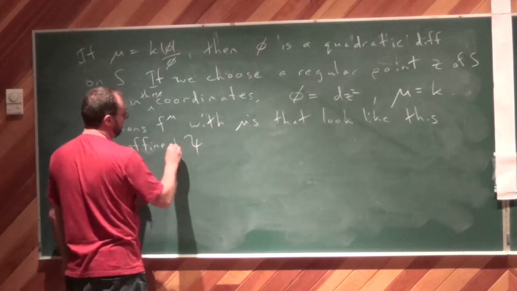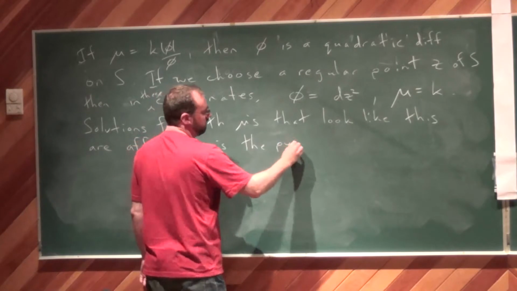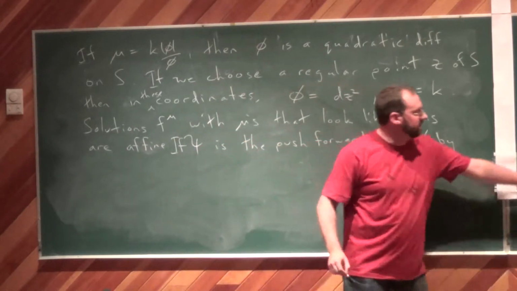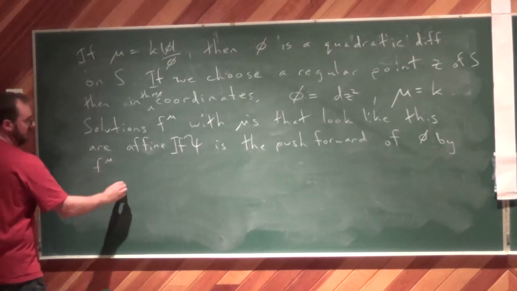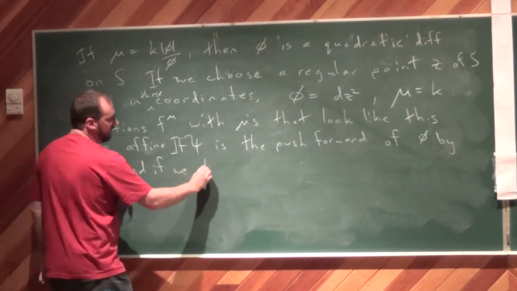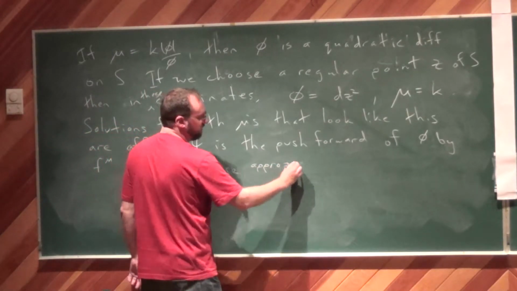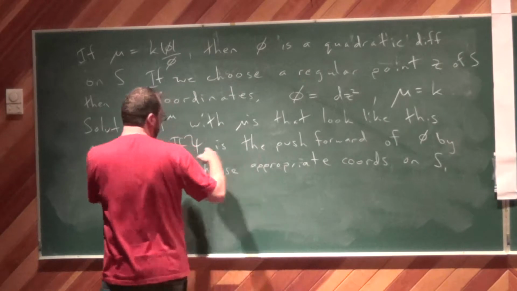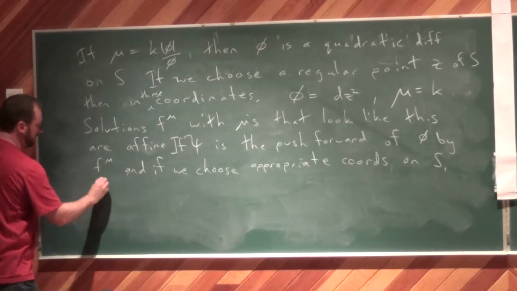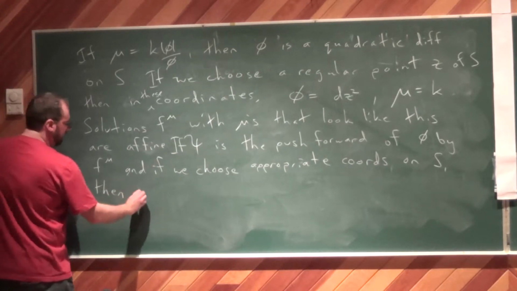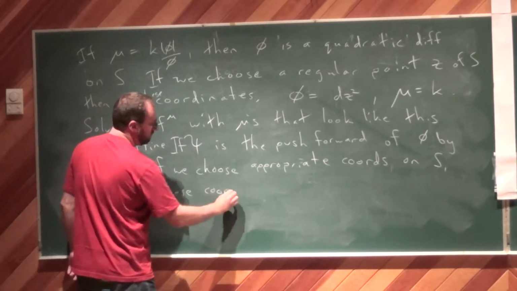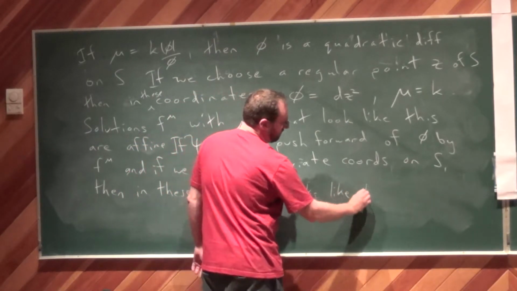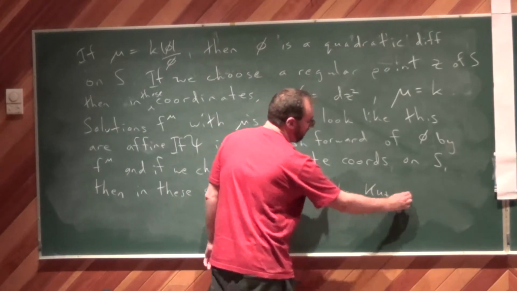So then if psi is the push forward of phi by our quasi-conformal map F mu, and if we choose appropriate coordinates on our image surface S1 related to the quadratic differential psi, then in these coordinates psi looks like k u plus i v.